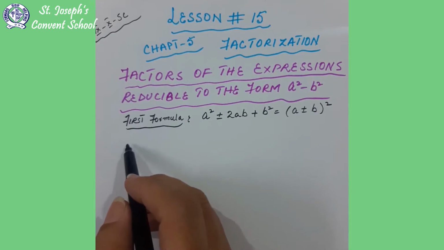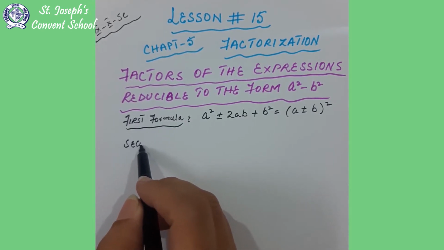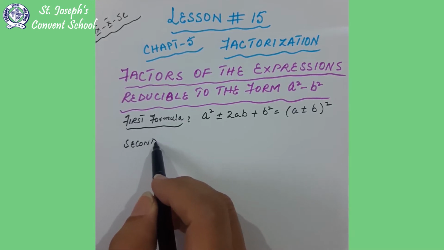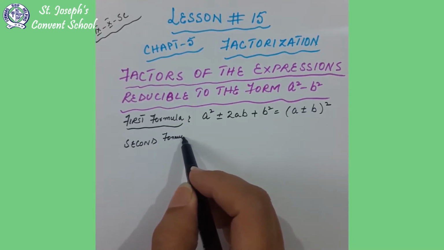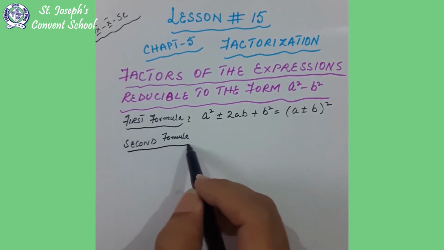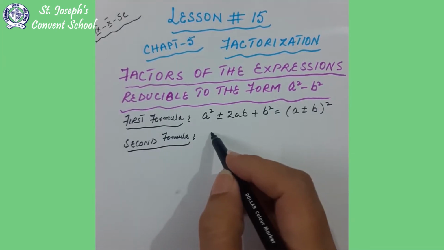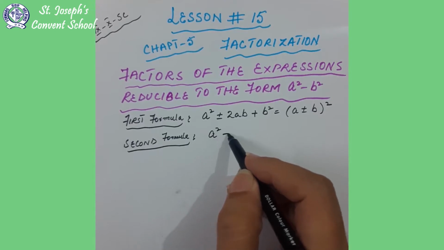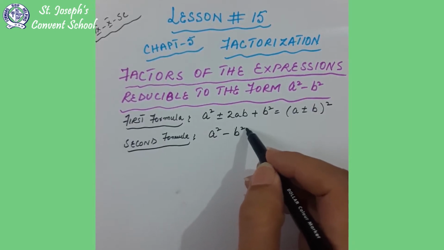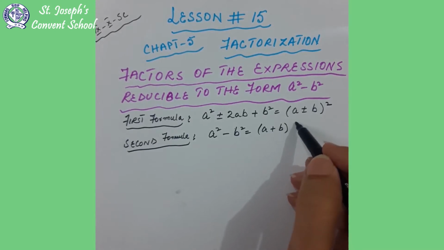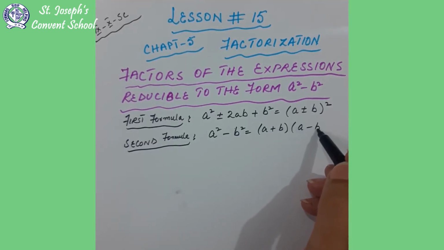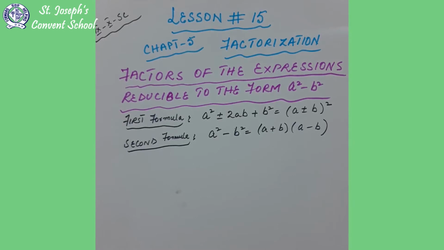And after applying that formula, the second formula which we will apply, as you can see in the heading also, you have done this also: a square minus b square equals a plus b and a minus b. Now I have written the formulas according to the questions.